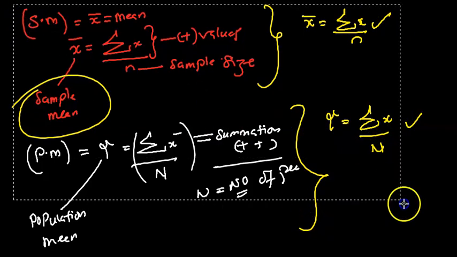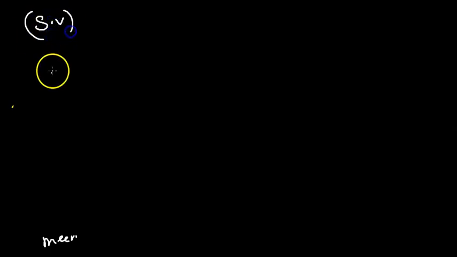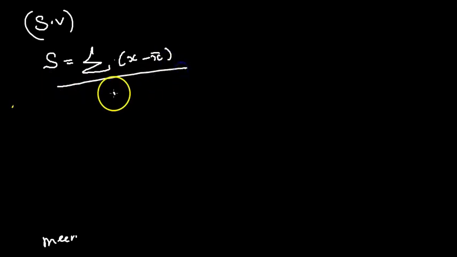Okay, let's try the next ones. Let's try something like sample variance. Sample variance is abbreviated SV, but it is denoted by S squared most of the time. That is, sample variance is going to be the summation of X minus X bar, squared, divided by n minus 1.